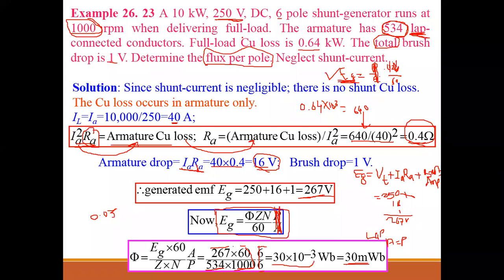Yes, sir. Any doubt? No, sir. Okay, fine. Now see, this is 0.03, but their answer is in milliweber. So how will we do that? So we can just separate that value into milliwebers.